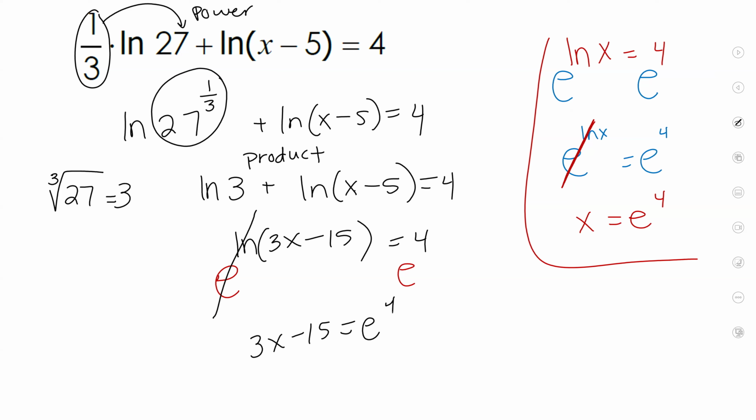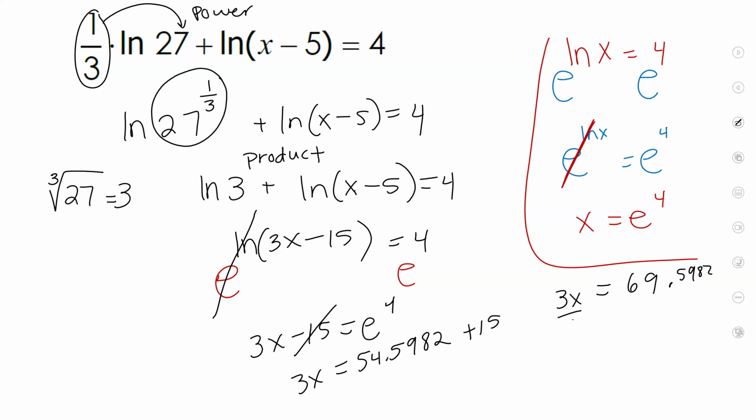That is 54.5982. All right. And then we're going to add 15. So we'll have 3x equals 54.5982 plus 15, all of this plus 15 would be this.